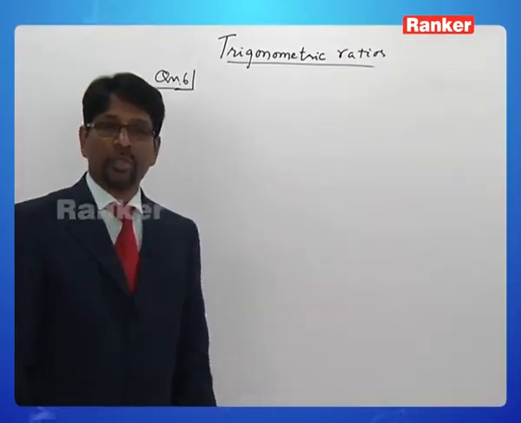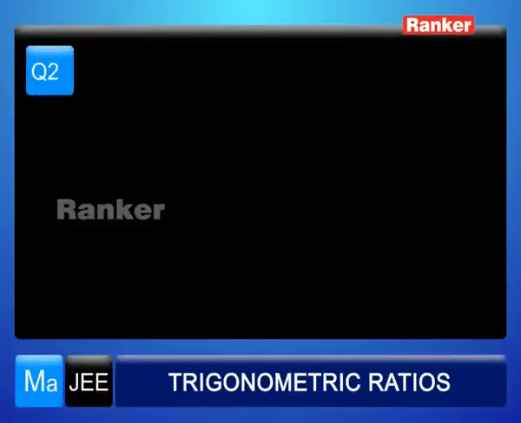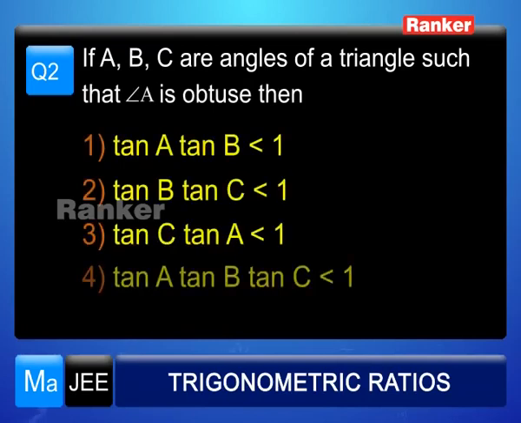Okay, let's move on to the next question. Question number 6. If sin theta is equal to 2ab by a square plus b square, then secant theta plus tan theta is equal to: first option, a minus b by a plus b. Second option, a plus b by a minus b. Third option, ab by a square plus b square. Fourth option, ab by a plus b.